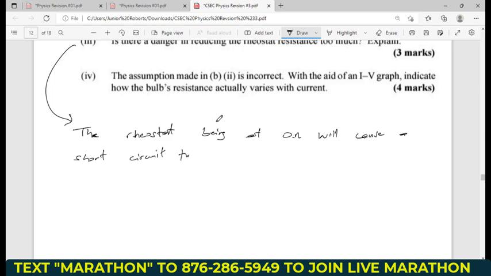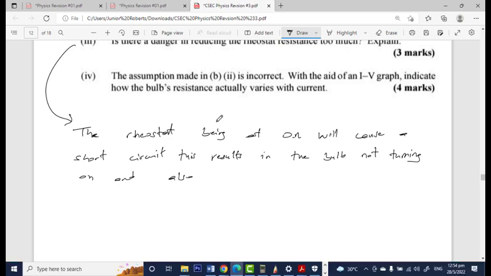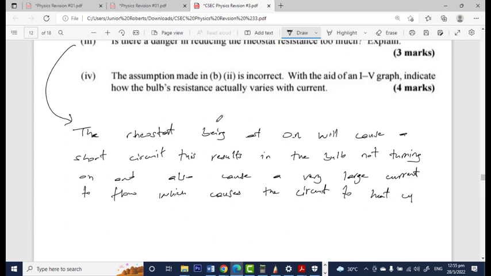This results in the bulb being off, this will result in the bulb not turning on, and also cause a very large current to flow, which causes the circuit to heat up, and possibly cause a fire.